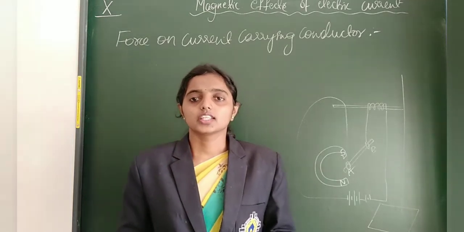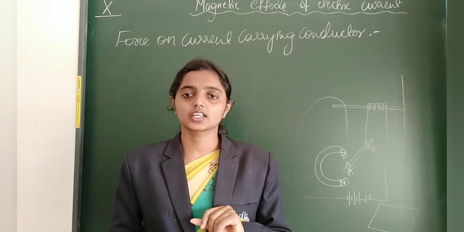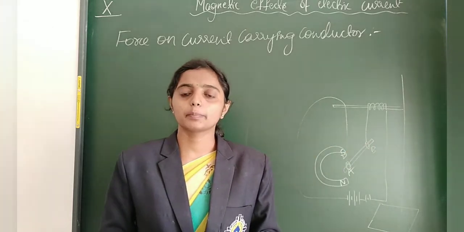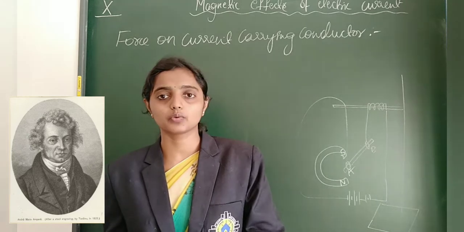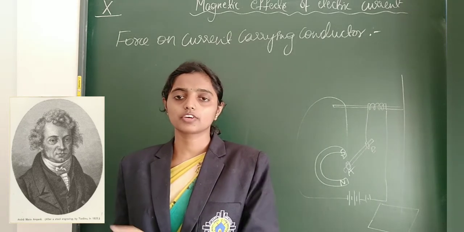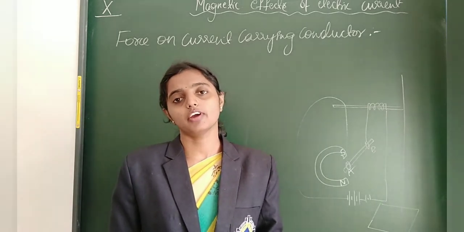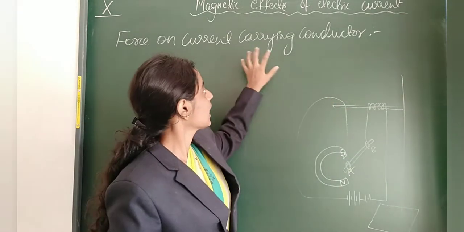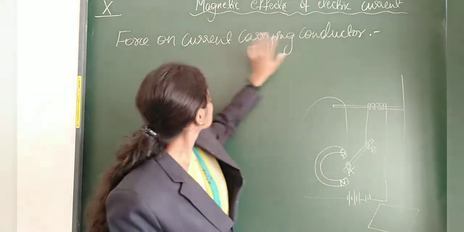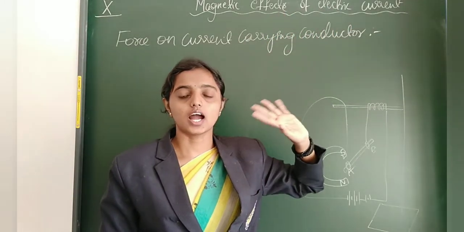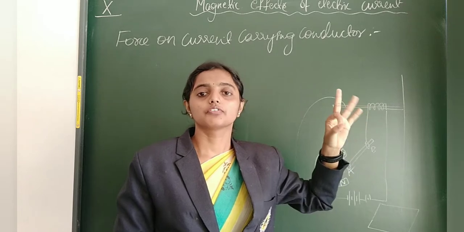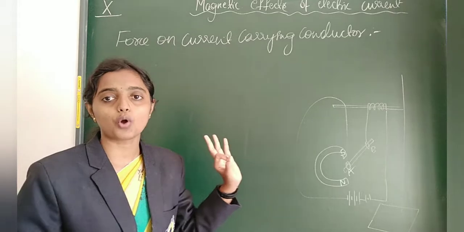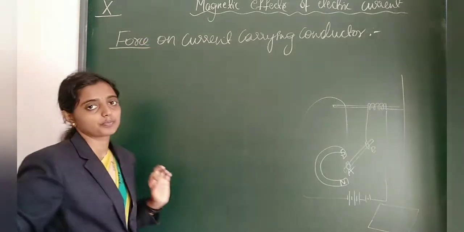Till now we were studying that a current carrying conductor shows a magnetic field. But later Andre-Marie Ampere, the one who gave the unit of current, that is Ampere A, the same fellow gave his own theory in this field that a current carrying conductor, other than its magnetic field, will also exert one more property, that is force.